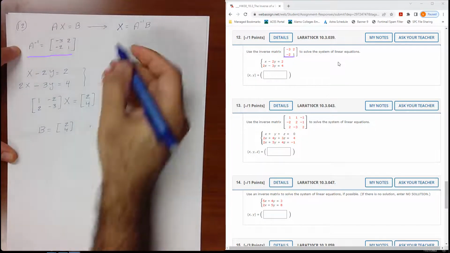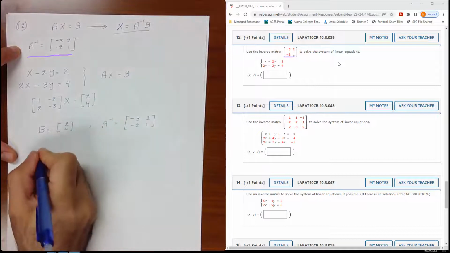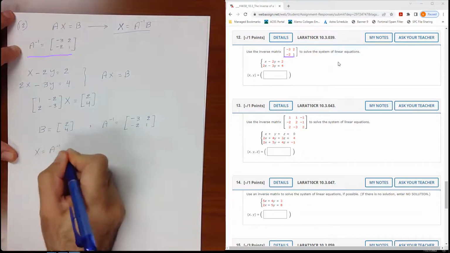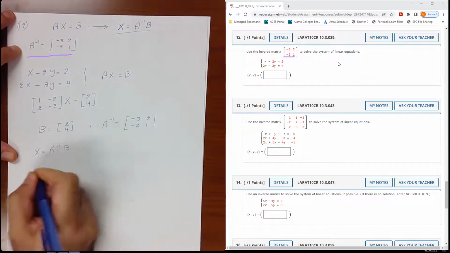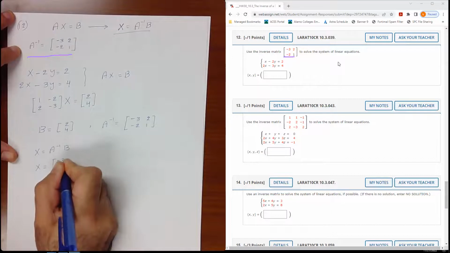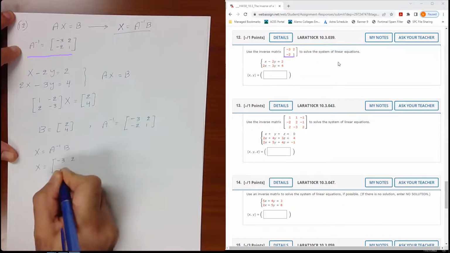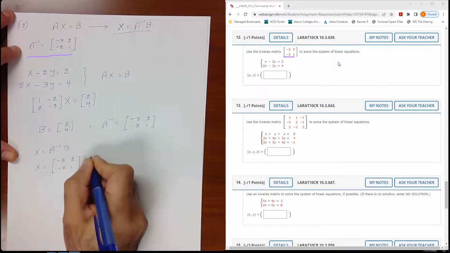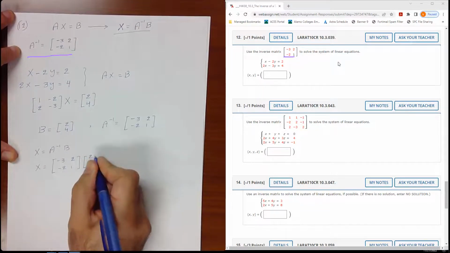Now we need to find the value of x, so I'm going to use the formula. It says x equal inverse matrix times B, which means x equal A inverse, -3, 2, -2, and 1 times B, which is 2, 4.